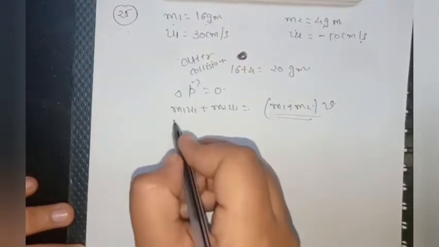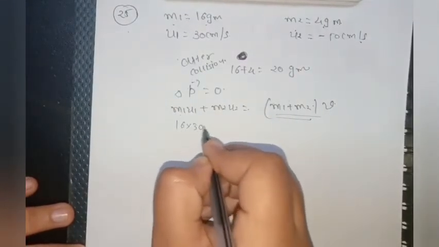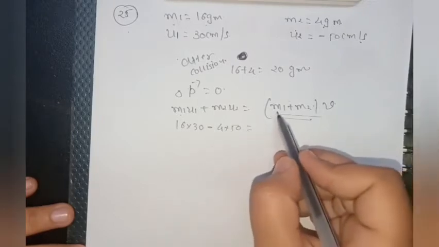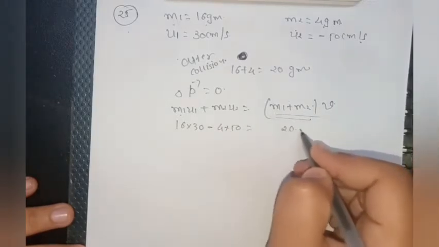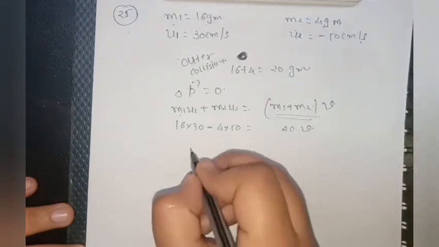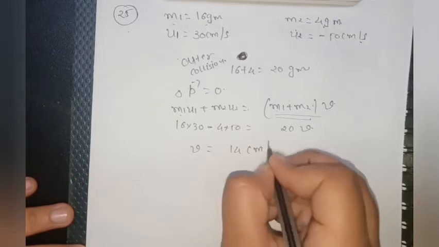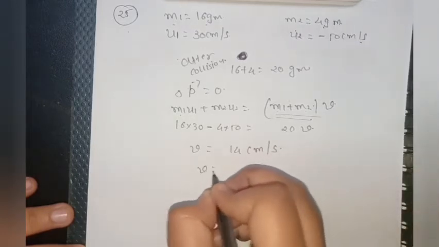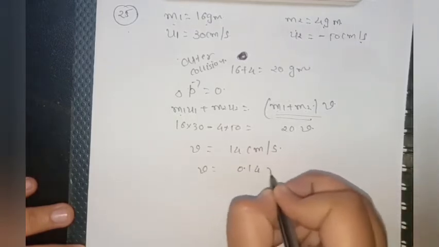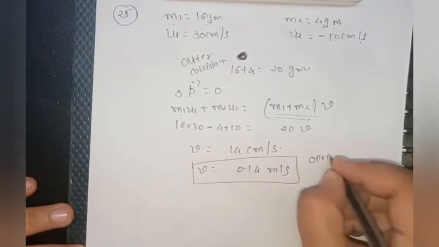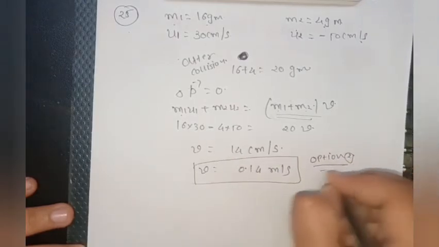Put all these values: 16 into 30 minus 4 into 50 is equal to 20 into v. So v will be 14 centimeter per second. So v will be 0.14 meter per second. So option 2 is the correct option.